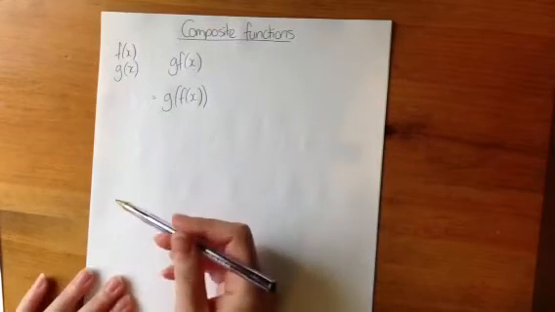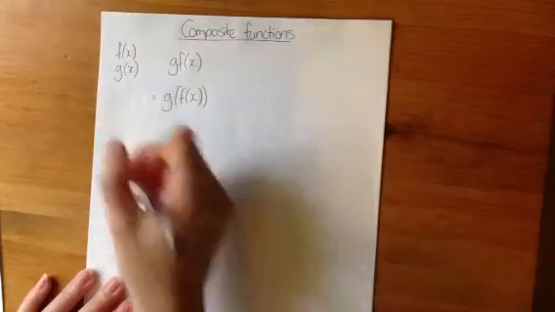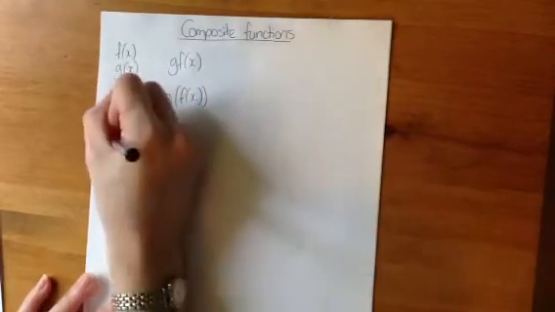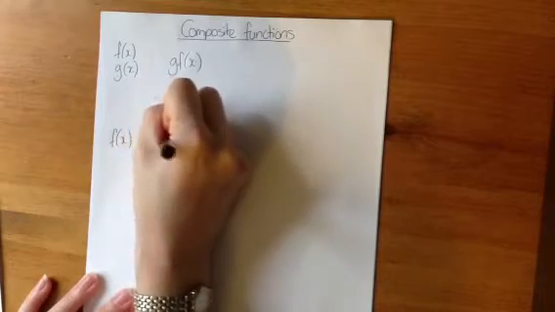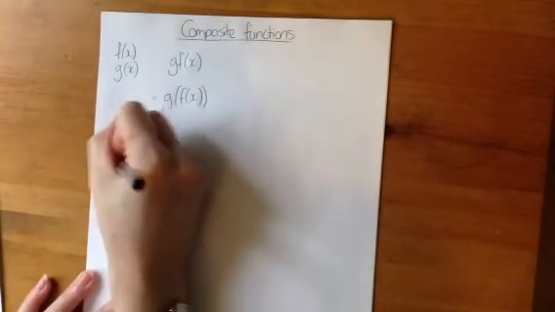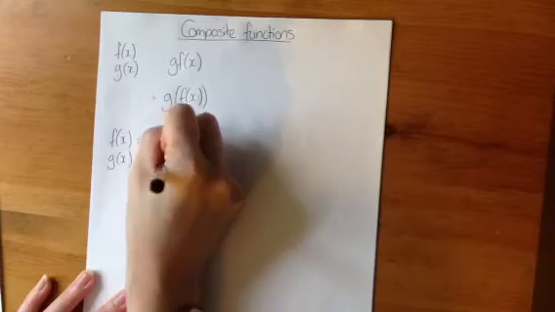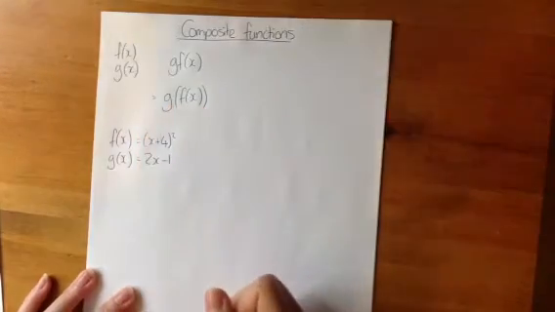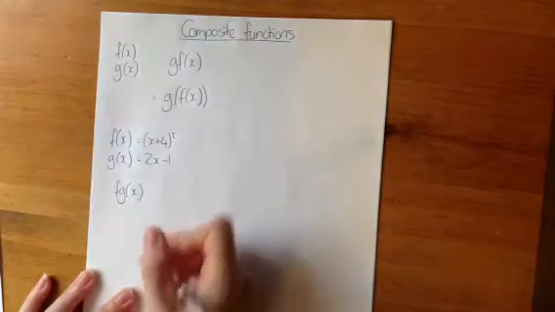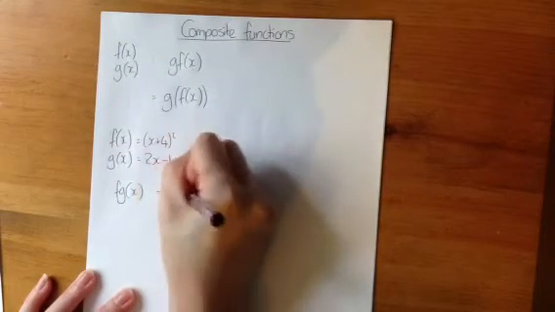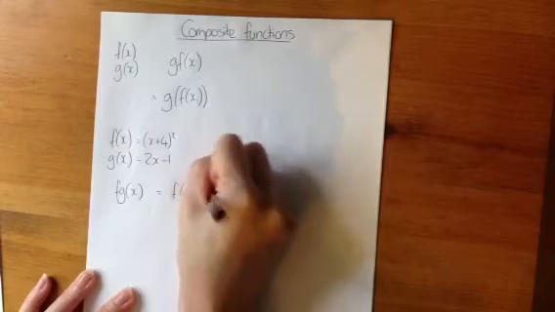Okay, so for example, if you've got, let's go with f of x can be x plus 4 squared, and g of x can be 2x minus 1. So if you're doing f g of x, then you're going to be doing f of g of x.